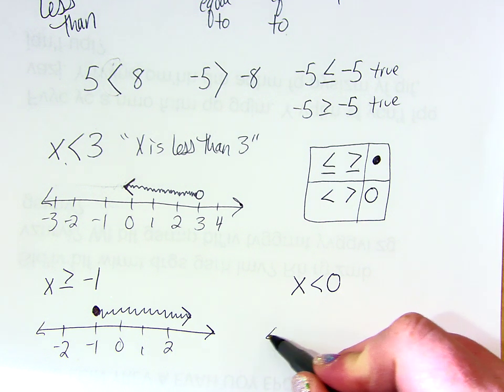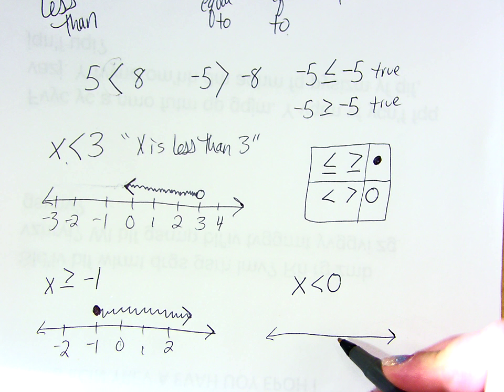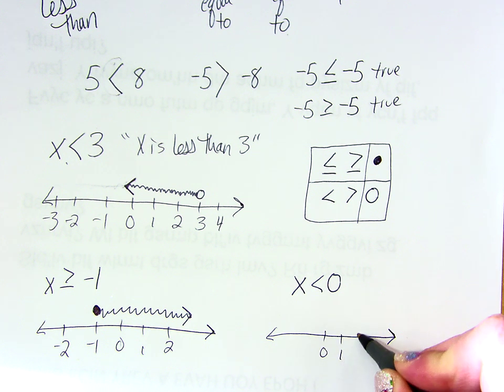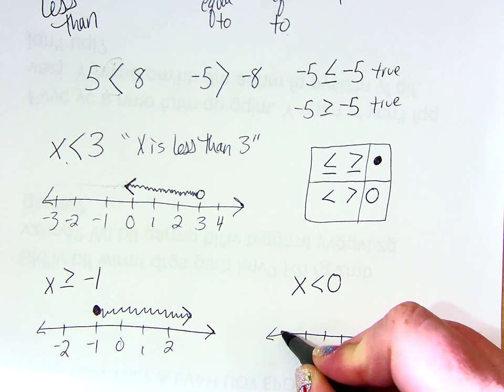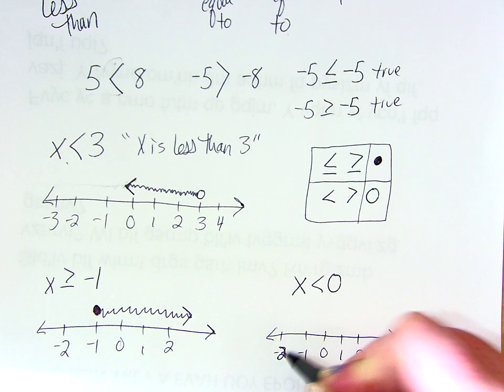So it all just depends on the circle, if it's open or closed. And the arrow means it continues or doesn't continue.